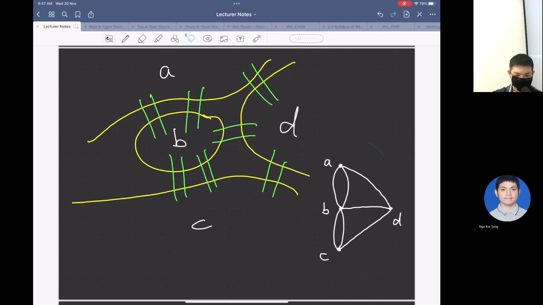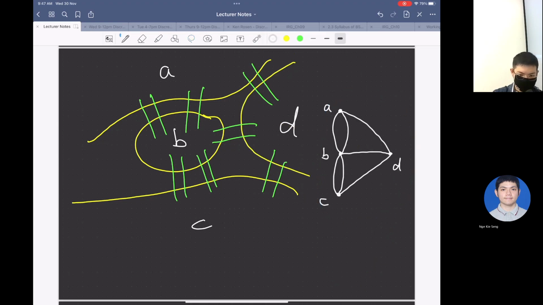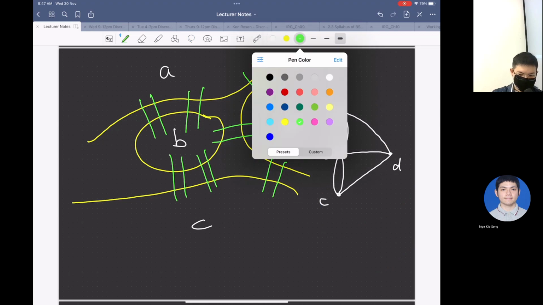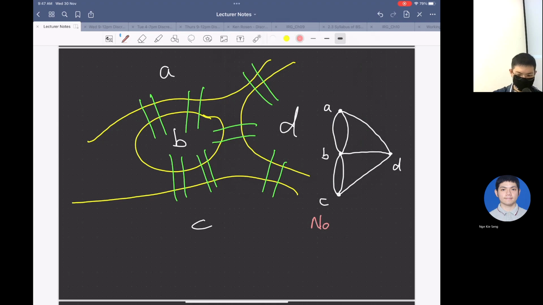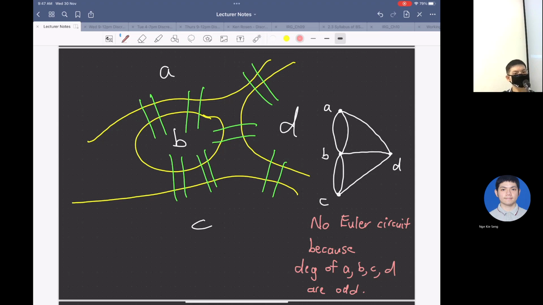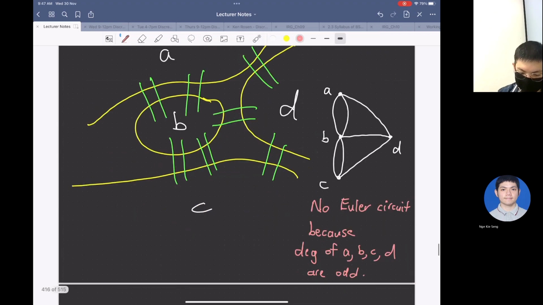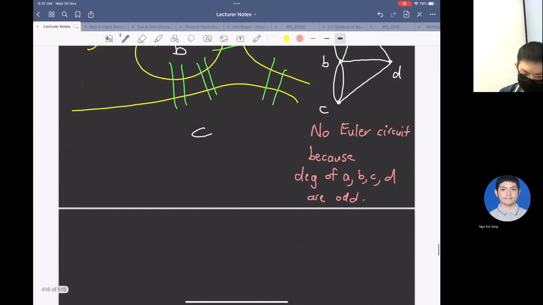Because the degrees of A, B, C, D are odd.